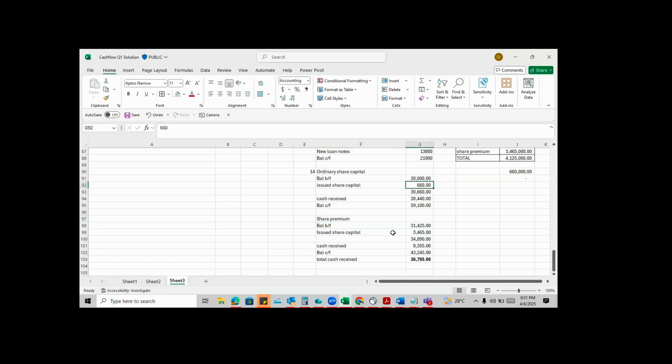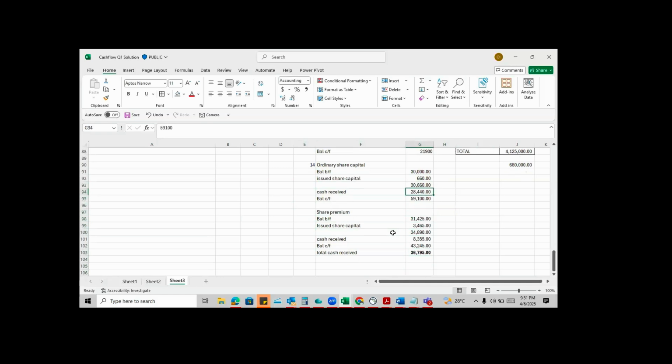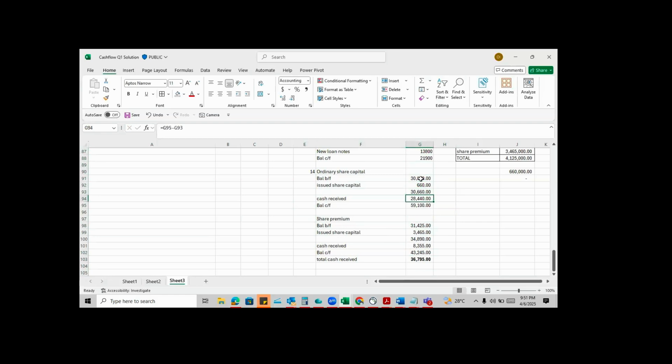Now, is this clear? What was causing the issue was that I had 4125 here instead of the amount we calculated, which was 660. If you are confused, this is the reason why I went round and round, because what we had here was tied to a formula, tied to this 4125. But we've cleared that up now.